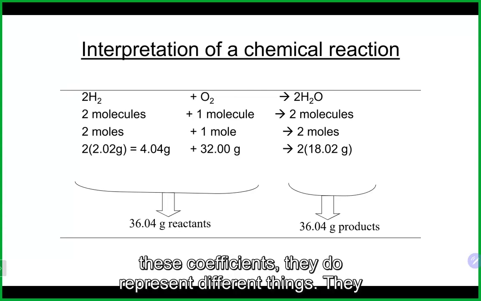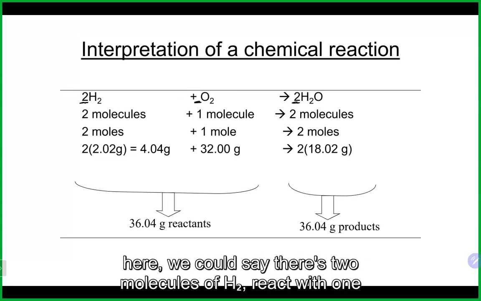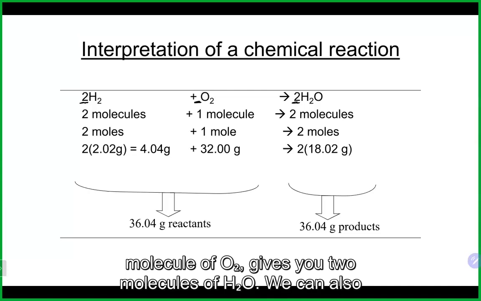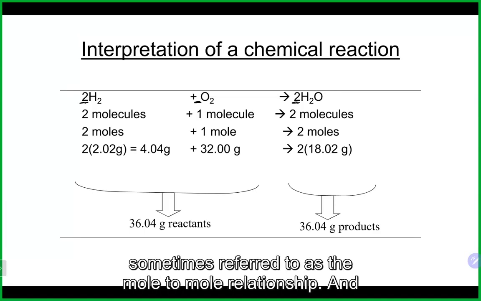Now, when we look at these coefficients, they do represent different things. They can be the molecules of each of these. So these coefficients here, we could say there's 2 molecules of H2 react with 1 molecule of O2, gives you 2 molecules of H2O. We could also use what you use in stoichiometry, which is sometimes referred to as the mole to mole relationship.